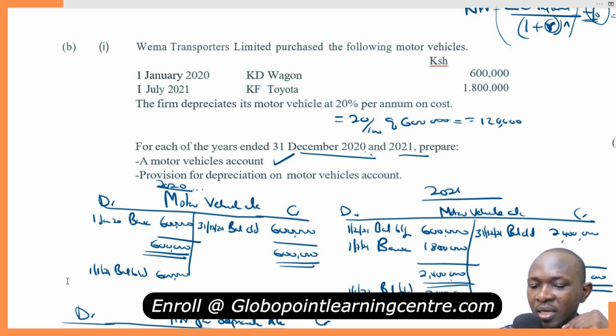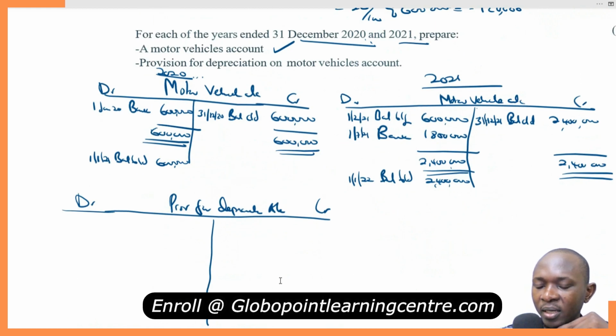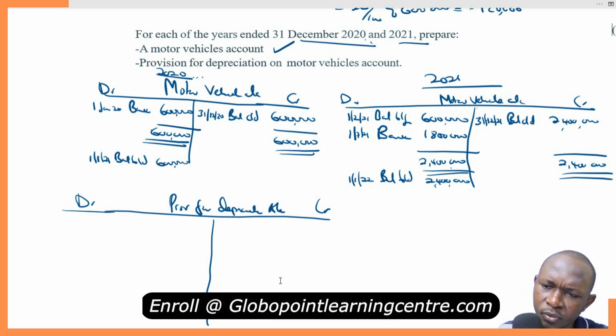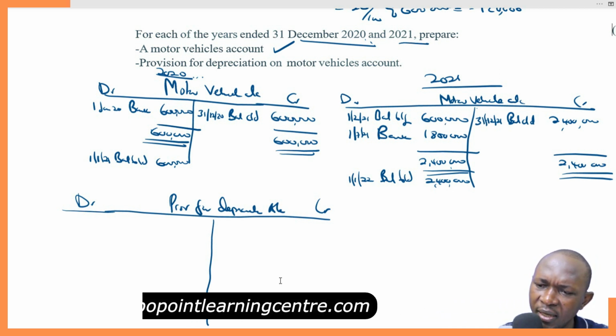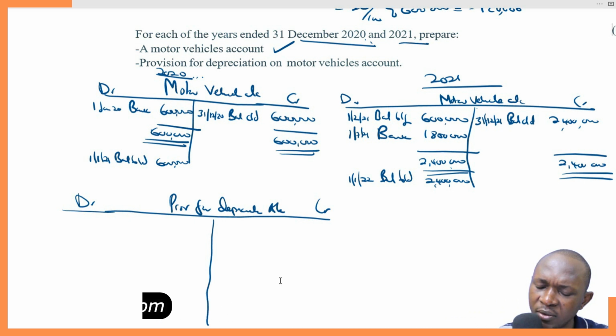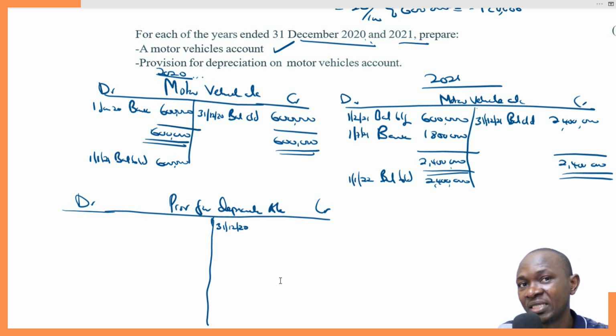So we simply come here and say, this is now depreciation. We'll charge it to the, which account is this? Motor vehicle account. I think it will come from the motor vehicle account. So we talk of 31st December 2020, because that's when we charge the depreciation at the end of the year.